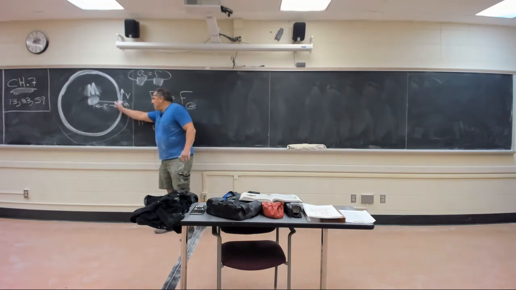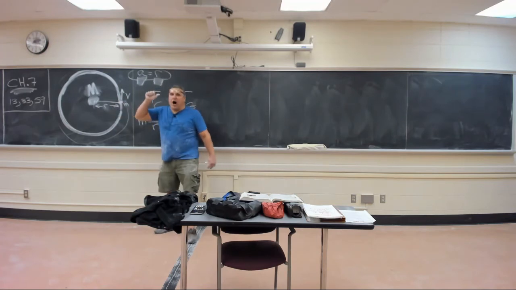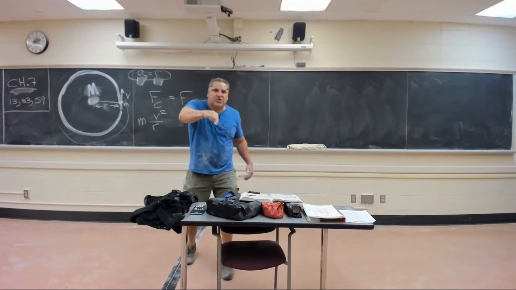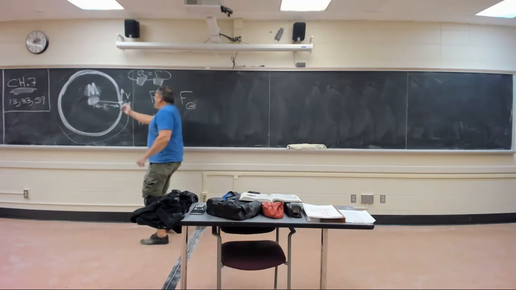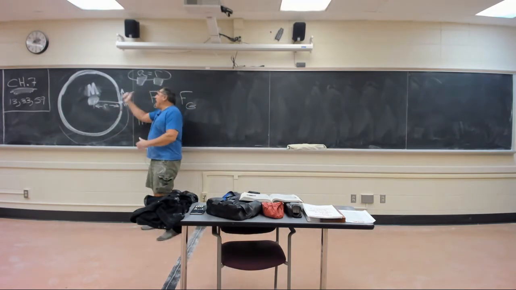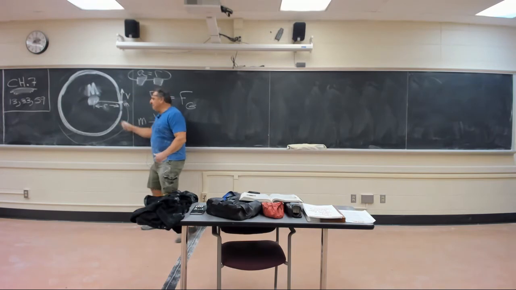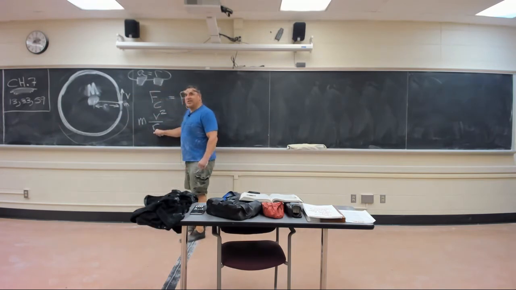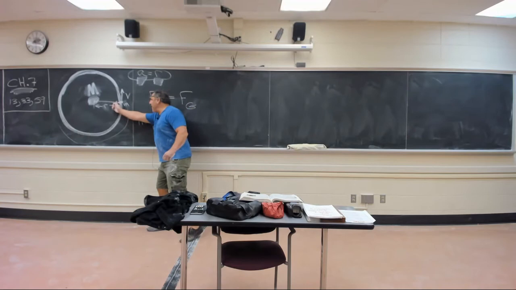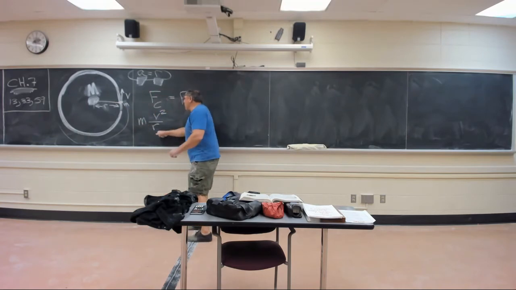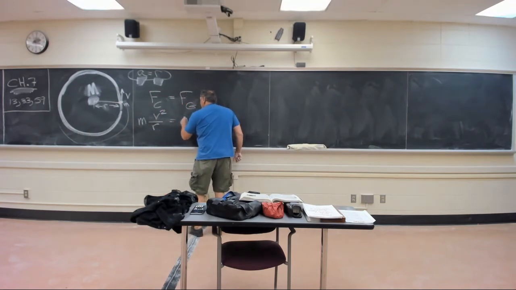If you're whipping this thing around really fast, it wants to fly off with a tendency of mv squared over r. What's holding it there?